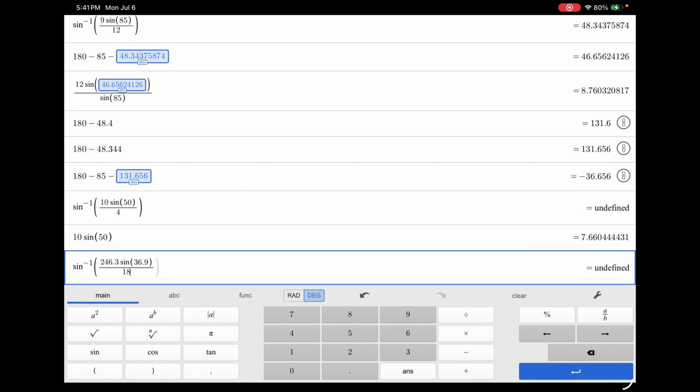All right, now, next one. We've got this angle. Now I have enough to find angle C, under the assumption that this is my first triangle. 180 minus the given angle minus my 52.58. Calculator.